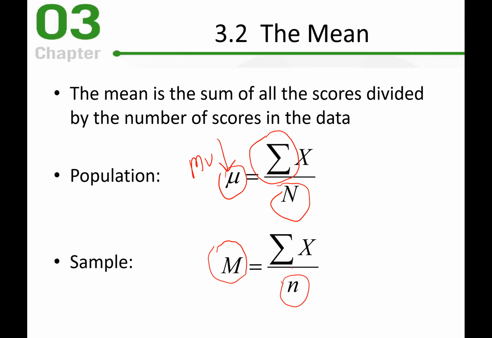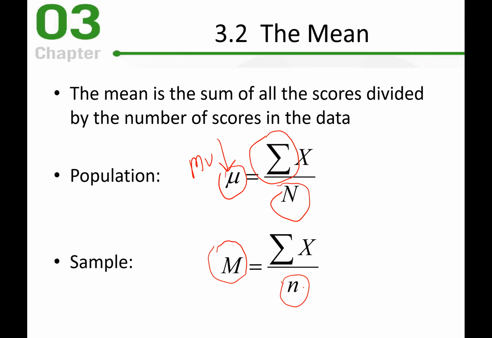So we sum up the X scores and divide by the sample size. As a rule of thumb in statistics, Greek letters in equations usually stand for a population parameter, like we discussed in chapter 1, and English letters stand for a sample statistic. That's usually the way it works.